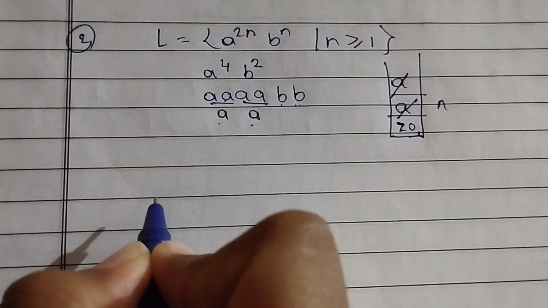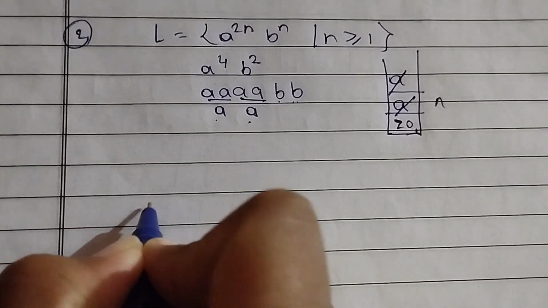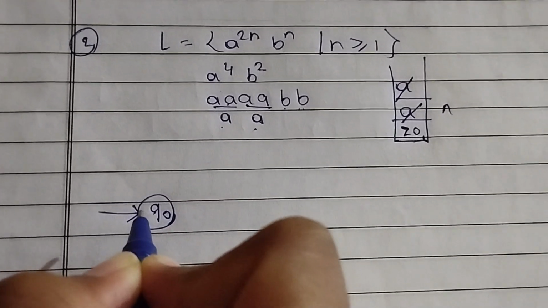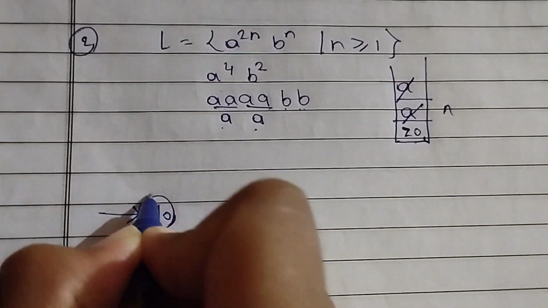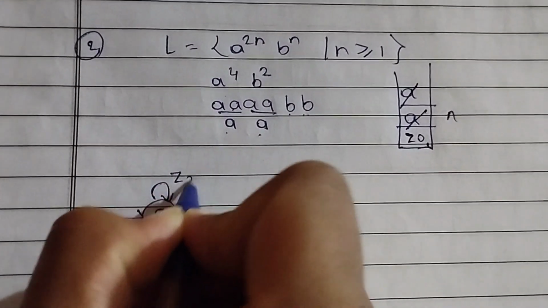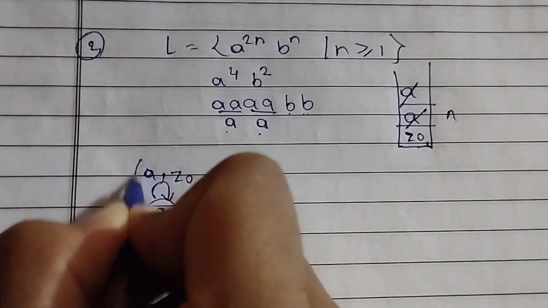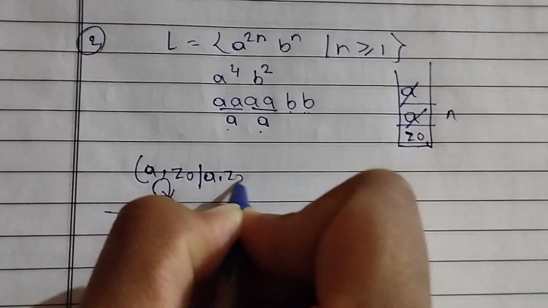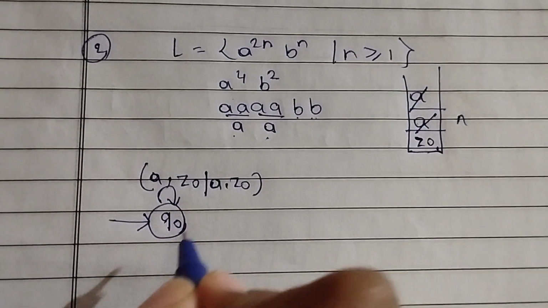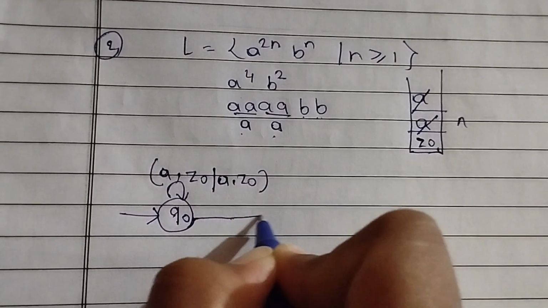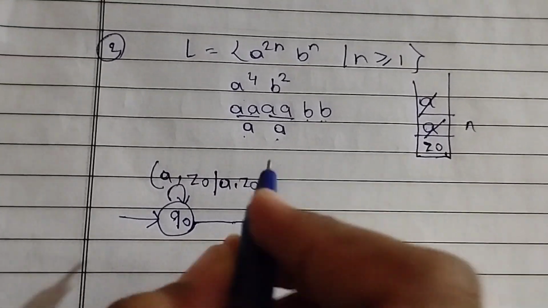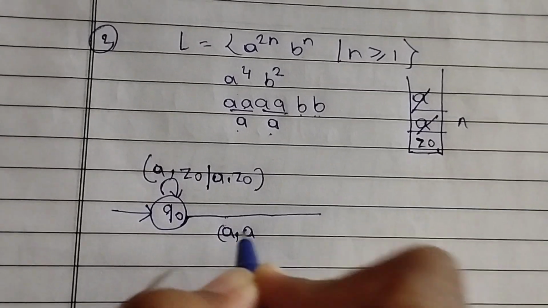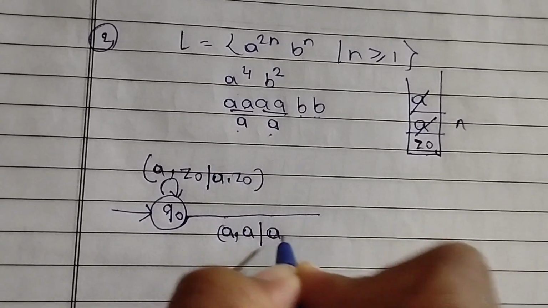So now we draw the PDA. At the initial state, Q naught, here first Z naught is present, we read a, then push a on Z naught. Now when we read the next a, initially a is present, then we read a and keep this a as it is.